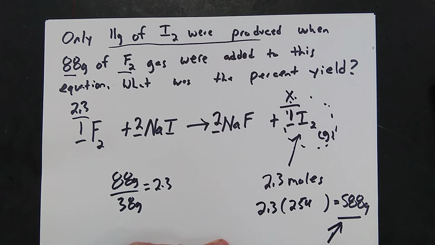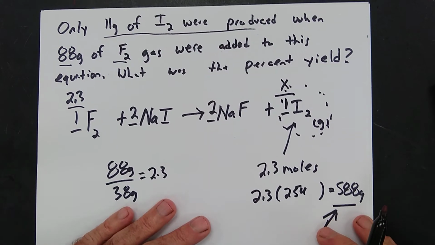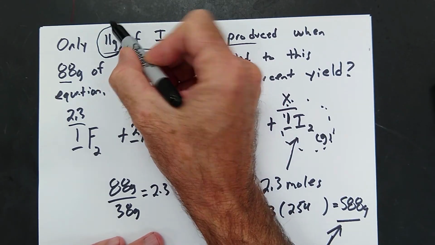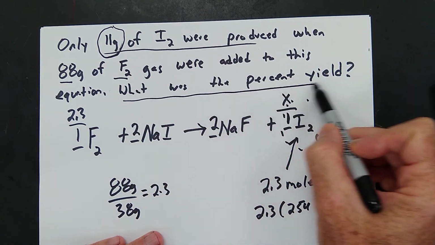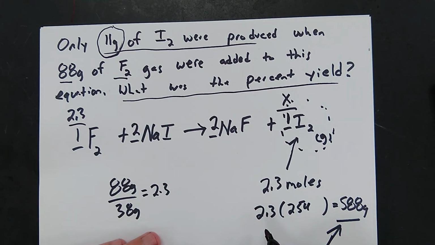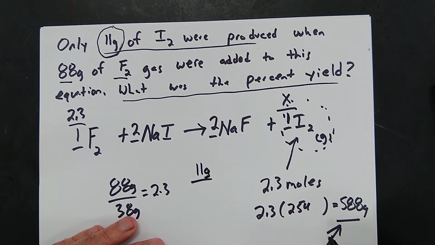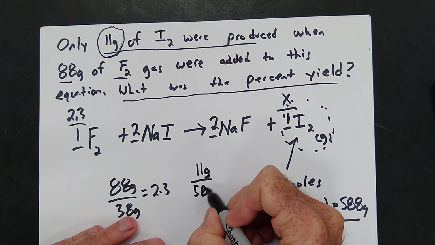That's our theoretical yield. That's what we theoretically thought we were going to make. Well, we only made how many grams? We only made 11 grams. So what was the percent yield? You only made 11 grams, and you expected to make 588 grams.